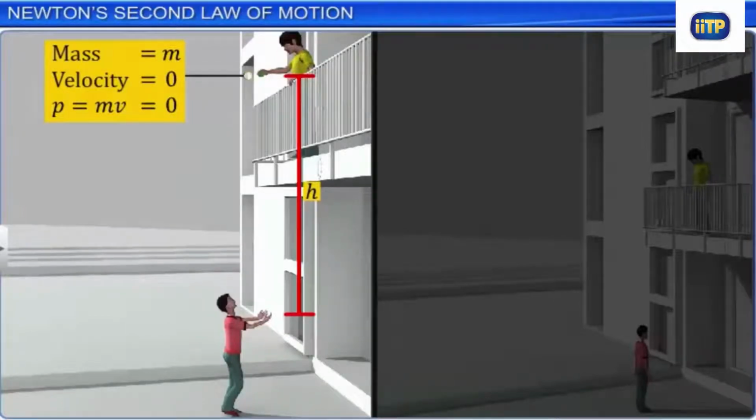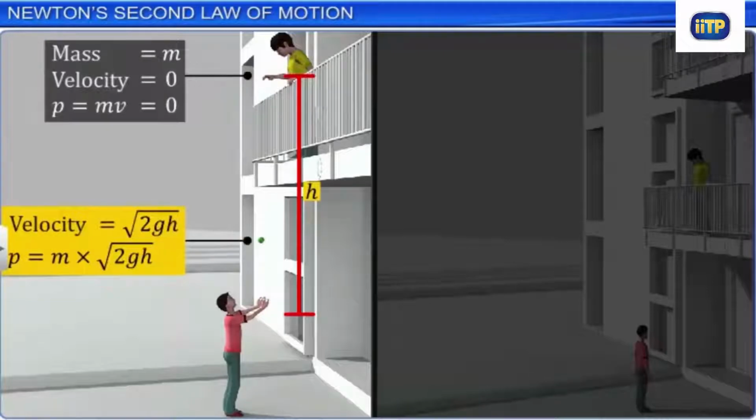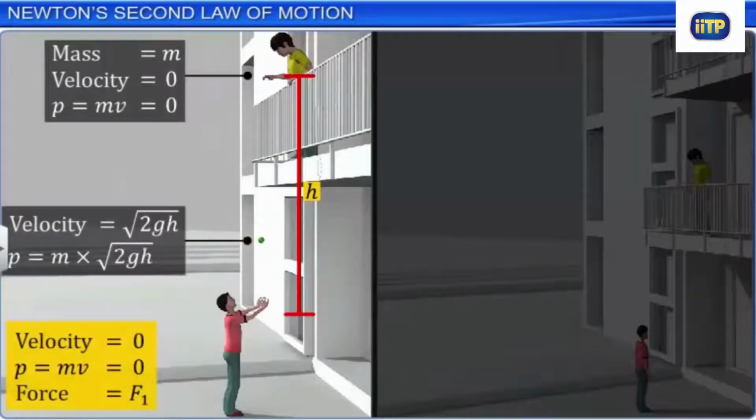As the ball goes down, it gains some velocity and hence acquires a certain momentum. A boy standing on the ground below catches the ball by using a force F. The momentum of the ball becomes 0 during the process of catching it, as it comes to rest.